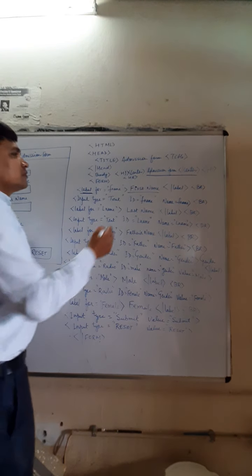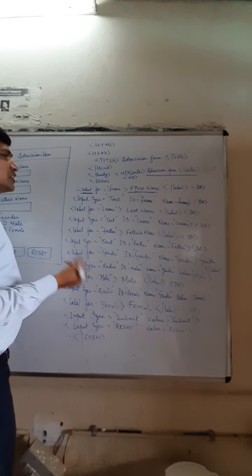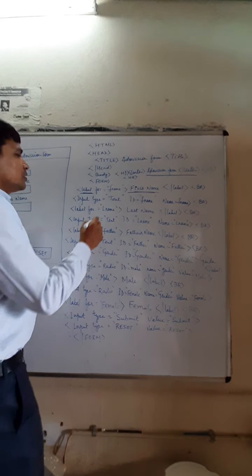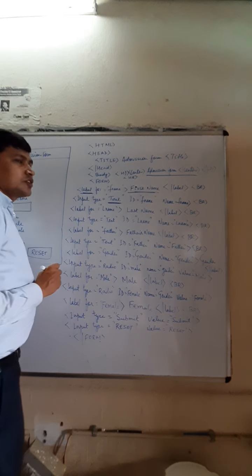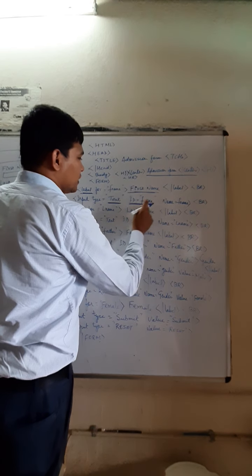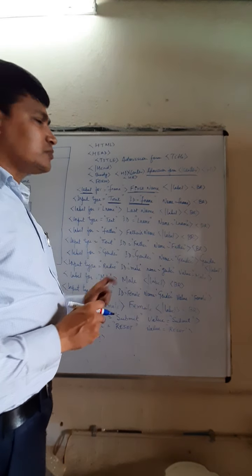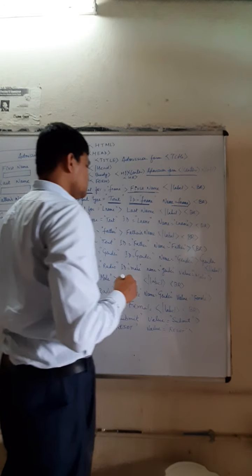So my first label will be the first name, and after defining the label, I have to take input from the user in the input text box. The ID of the text box, that means the identity of the text box, is the first name, and the name will be the first name, F name.